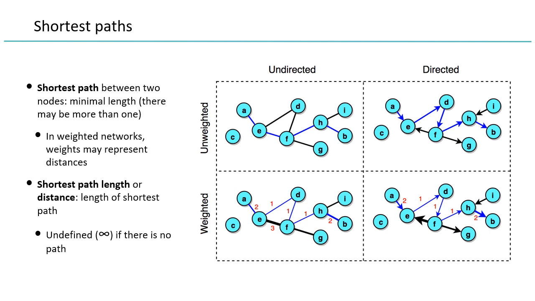For example, here A is the starting node and B is the target node. Then your shortest path is given here. It has four links. You can also go like this one, but that is not the shortest path. So in this network, you have a starting and a target node, and then you can find the shortest path.